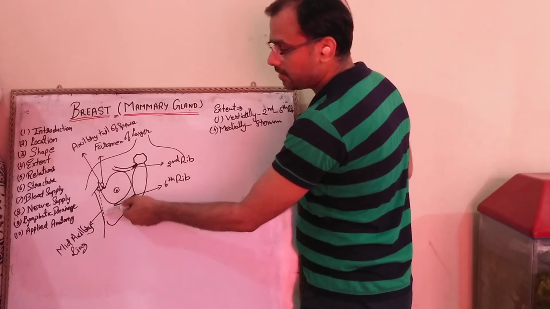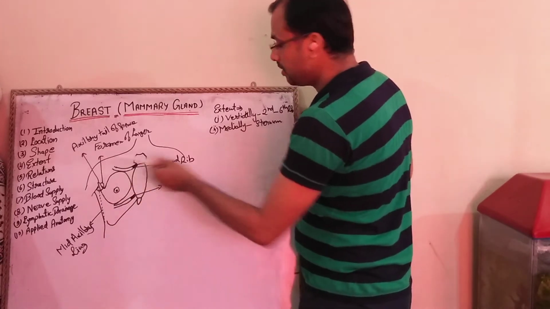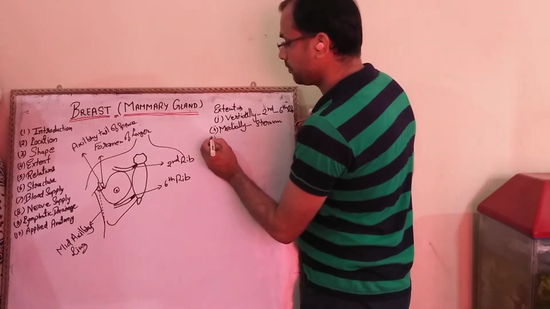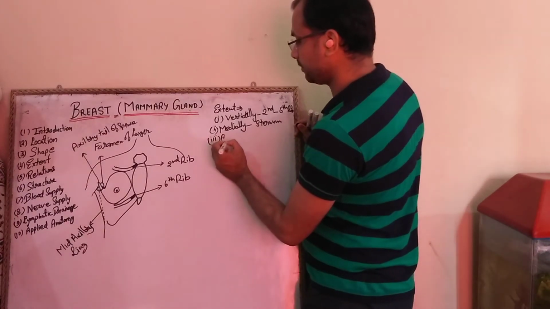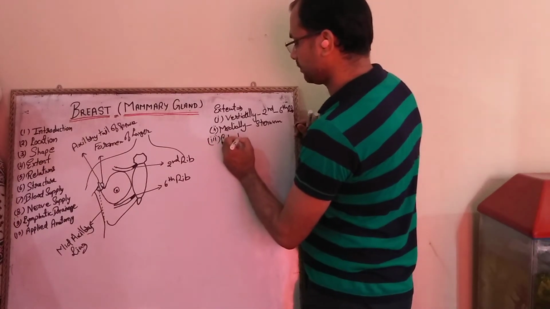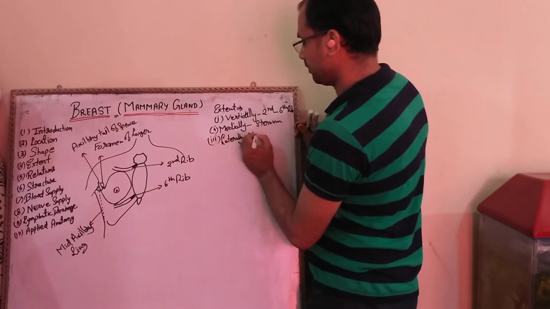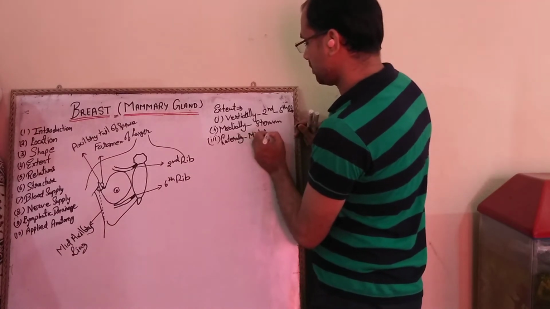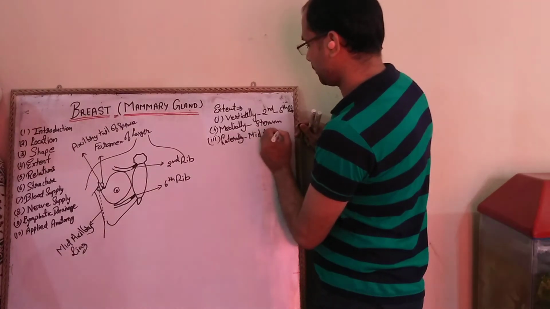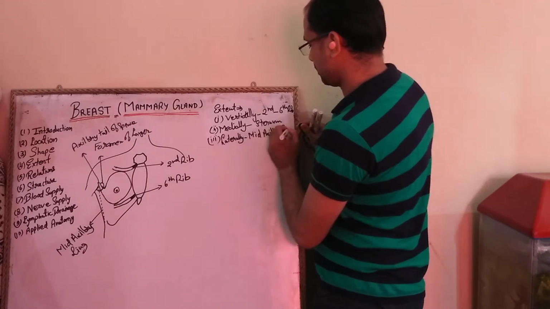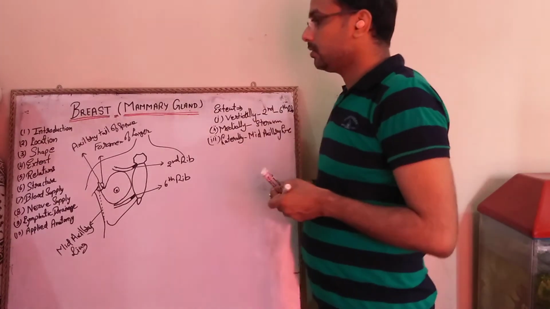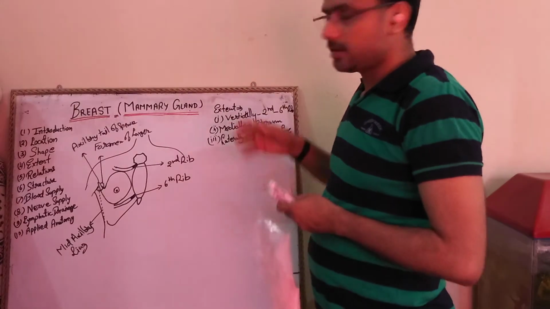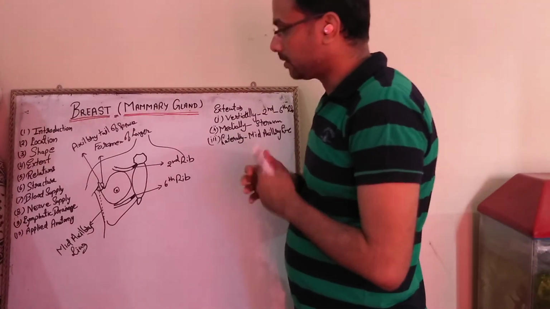You can see this is the mid axillary line. So laterally the breast extends up to the mid axillary line. So this is all about the extent of the breast.